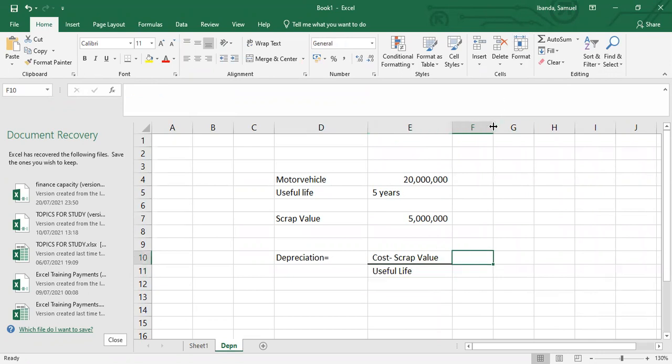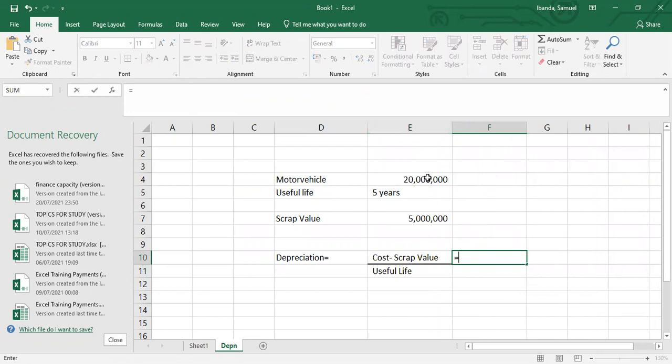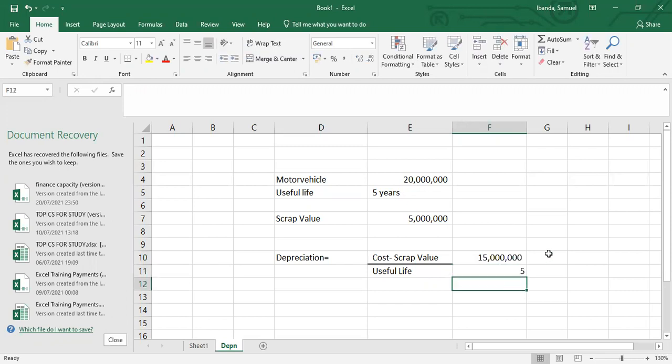So in this case, my depreciation will be 20 million minus 5 million, which gives me 15 million divided by the useful life, which is 5 years.